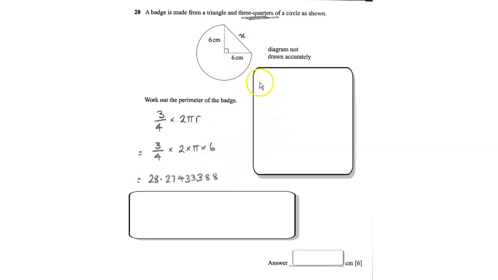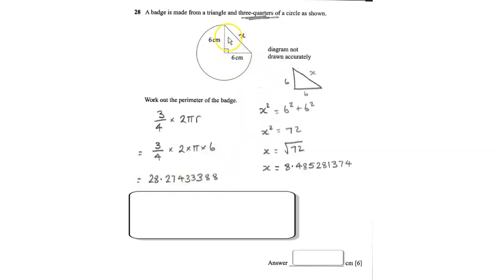Next, we can see a right angle triangle, and we're looking for this hypotenuse here. You can see that it's 6 and 6. To look for the hypotenuse, you square those two sides, 6 and 6, and add them together. So x squared equals 6 squared plus 6 squared. We find out that's 72, and then we square root at the end, and we get the length of the hypotenuse.